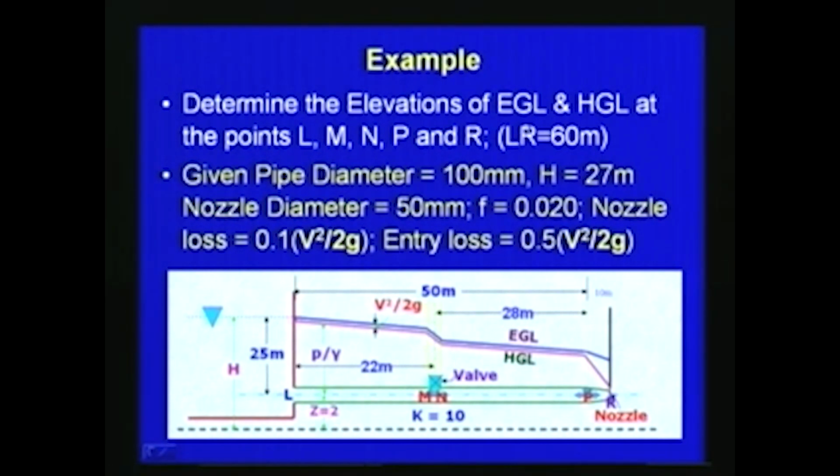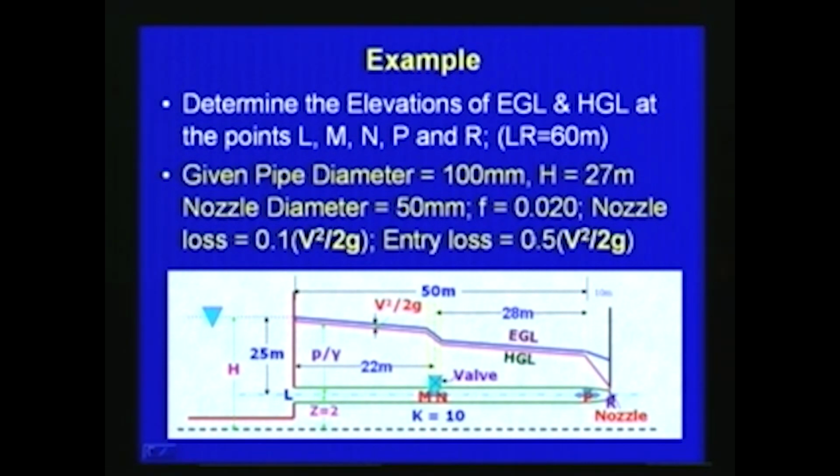So, we have to find out the elevations of the EGL and HGL at points L, M, N, P and R. The data given are the diameter of the pipe, here given as 100 mm, and the total H with respect to the reservoir or the tank is 2 meter plus 25, so 27 meter, and the nozzle diameter is given as 50 millimeter.